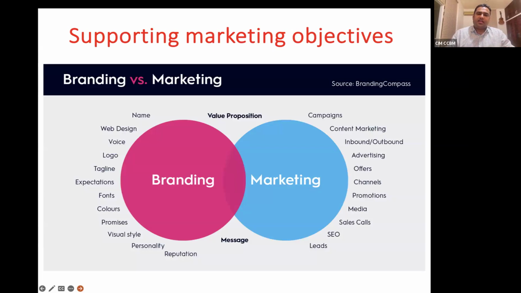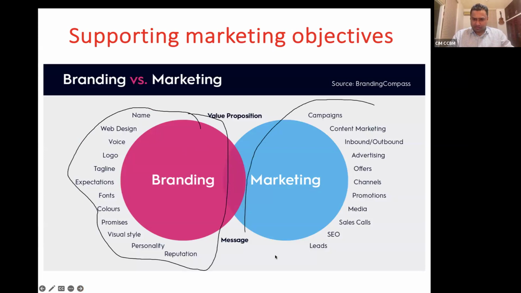And finally, this slide is important because it talks about how your branding objectives connect to your marketing objectives. So you need to make sure you decide on your brand name, your logo, your tagline, fonts, colors, the brand promise, all that.